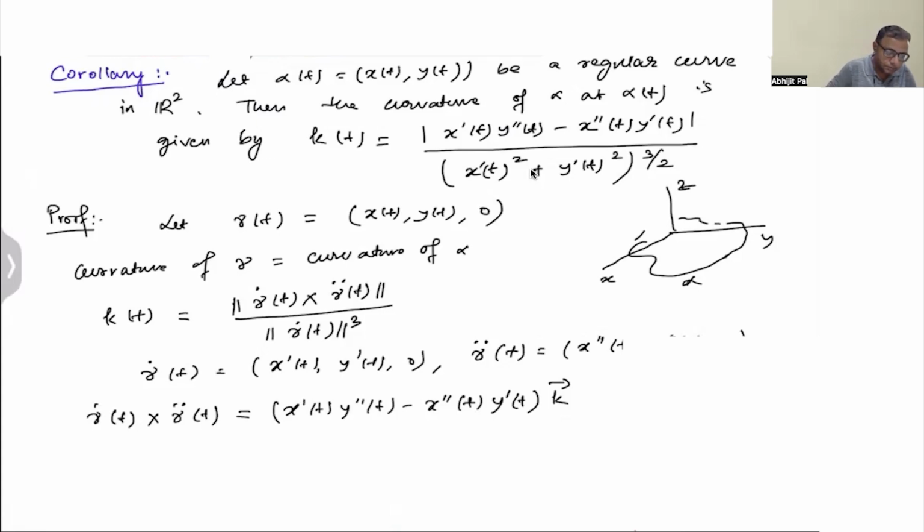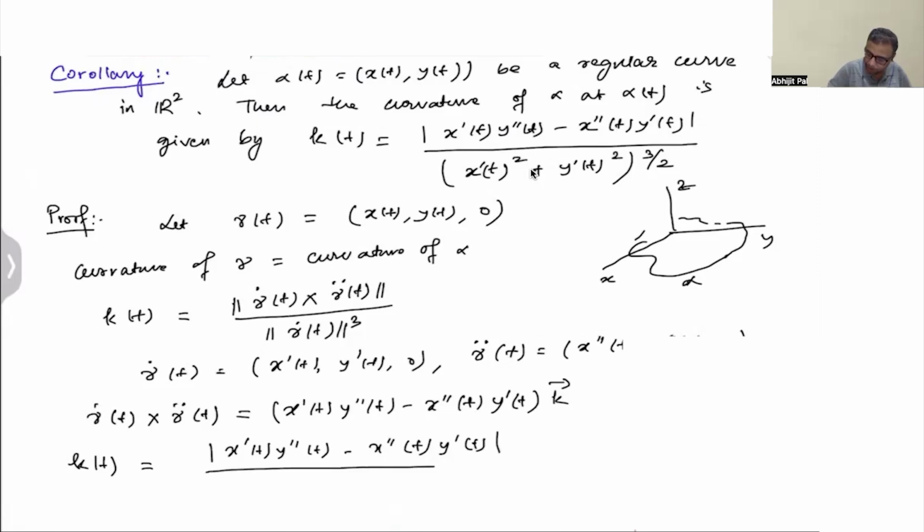Okay. So therefore the curvature is equal to the norm of this vector product, which is nothing but the mod of x prime t y double prime t minus x double prime t multiplied by y prime t, divided by the norm of gamma dot t, taken to the cube.